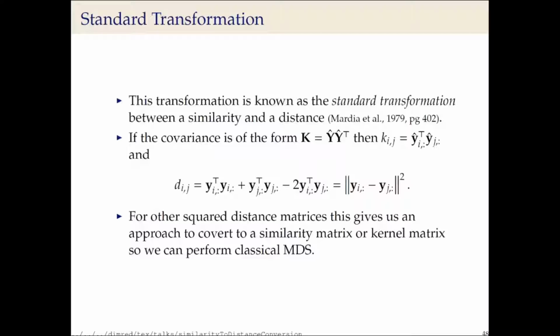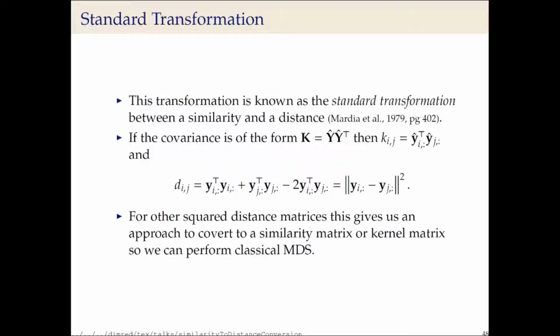But it's in Mardia, Kent and Bibby, and it's known by them as the standard transformation, 1979. It's suggested as a way of moving between the similarity measure and the squared distance measure, and for things like psychology, where you get a similarity matrix that you want to map to distances and back.